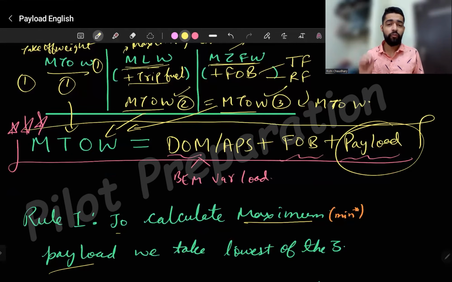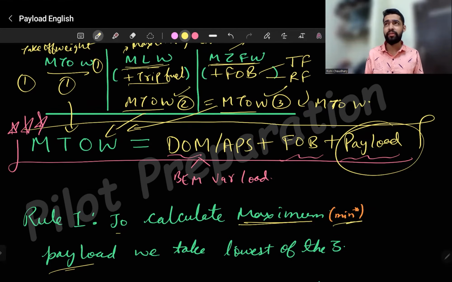To calculate payload, we put in the maximum takeoff weight value, the lowest of the three, and then we get the payload value. And that payload value will be the highest payload value.